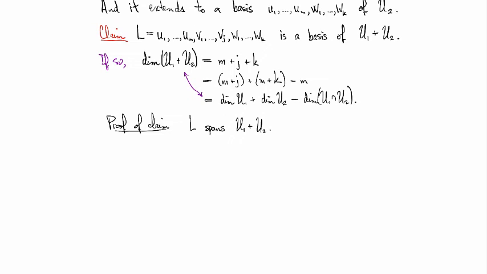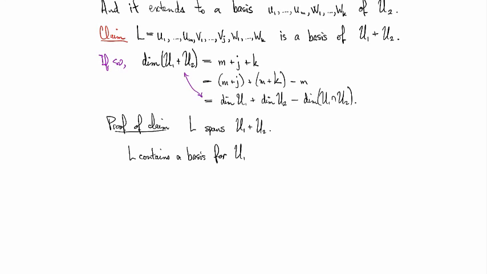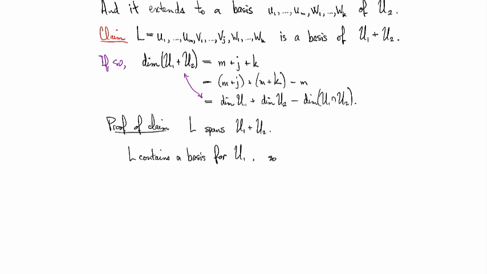So for this, we know that L contains a basis for U1, namely just the u's and the v's parts of it, right? So we know that U1 is contained in the span of L.